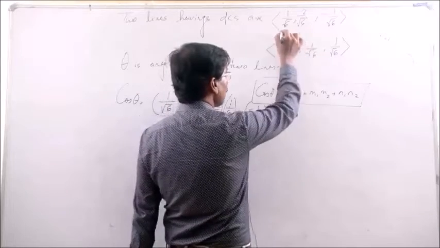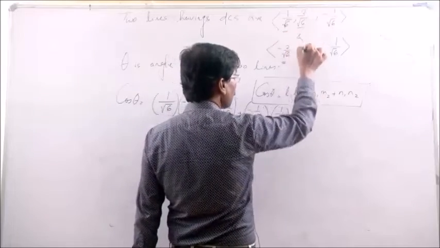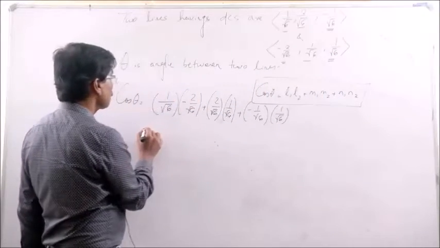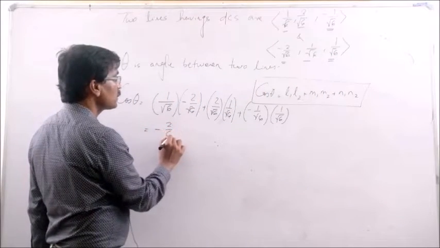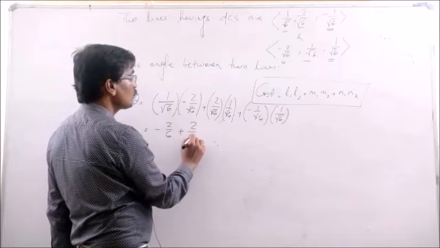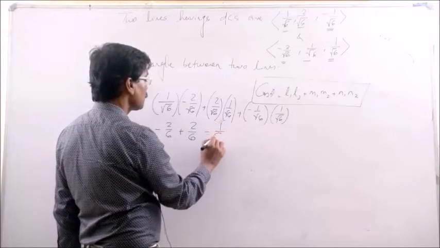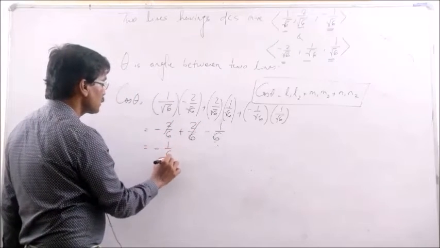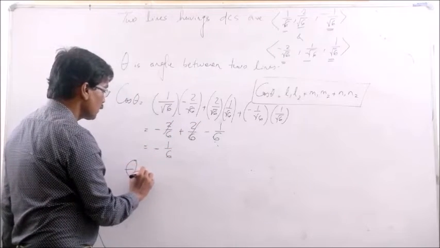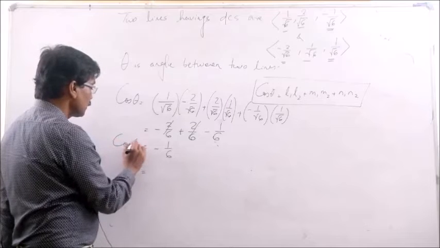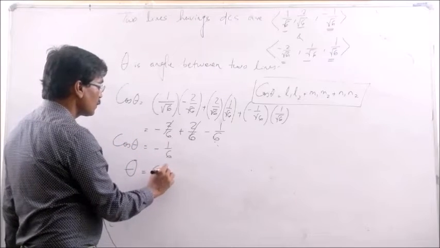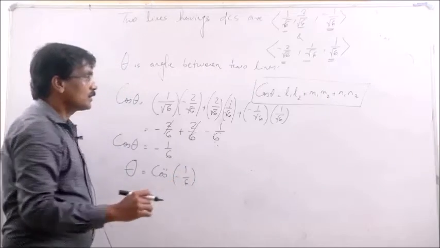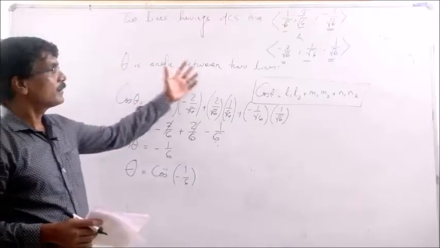So this is your l1 l2, m1 m2 and n1 n2. So it's equal to minus 2 by 6 plus 2 by 6 minus 1 by 6, which is equal to minus 1 by 6. So this is cos theta, and theta is equal to cos inverse of minus 1 by 6. So this is the angle between two lines.